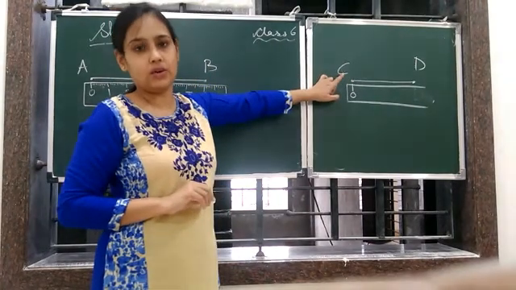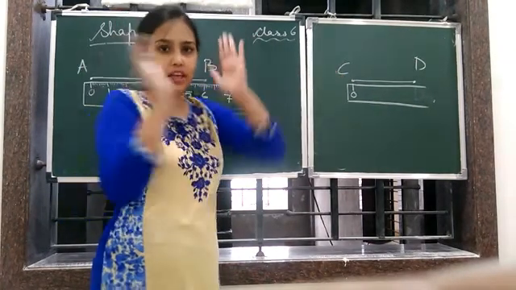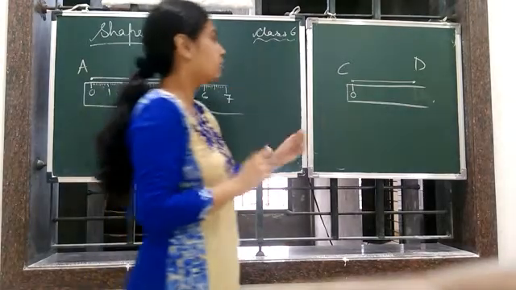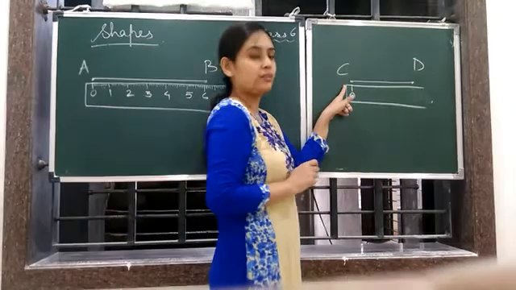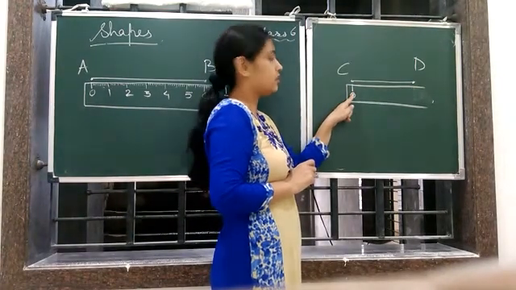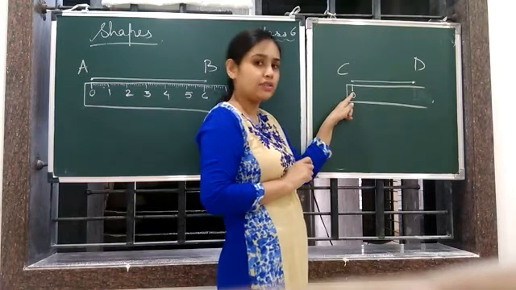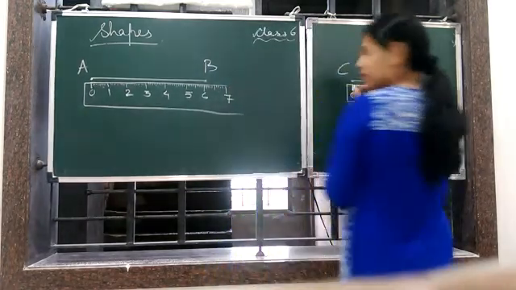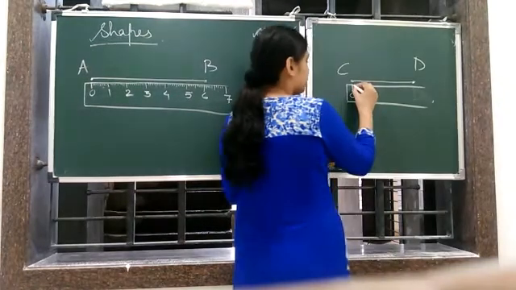The points should coincide with one another, coincide meaning one should be exactly on top of the other. Got it? You cannot start your measurement exactly from the beginning of the scale, not from here, but from where the scale markings begin, where the measurements are marked. We need to start from there. Okay? Give me 1 minute. I'll make this also.